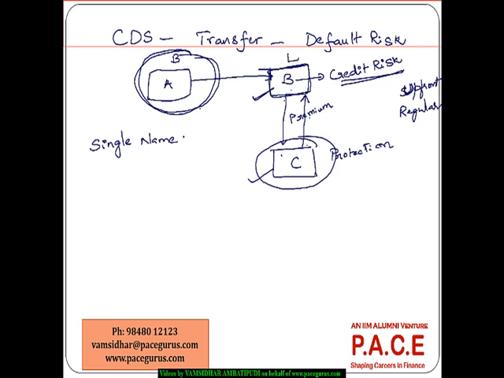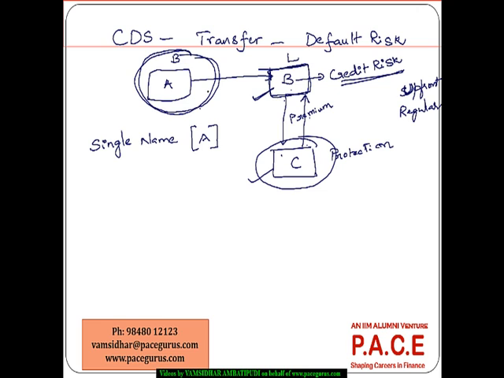Here if A defaults, so the reference entity is the company which is going to default on its loan or bond. So if I have a single name CDS, it means I am very clearly specifying the reference entity and the notional amount of debt associated with that reference entity.